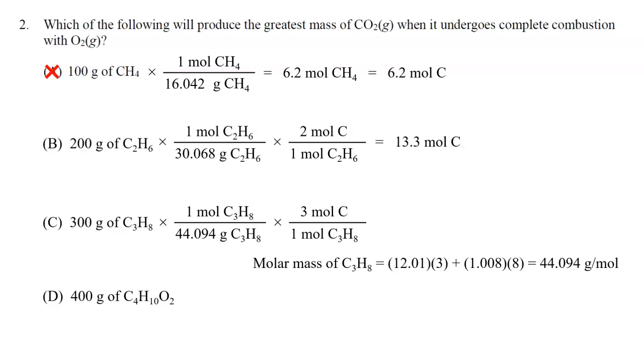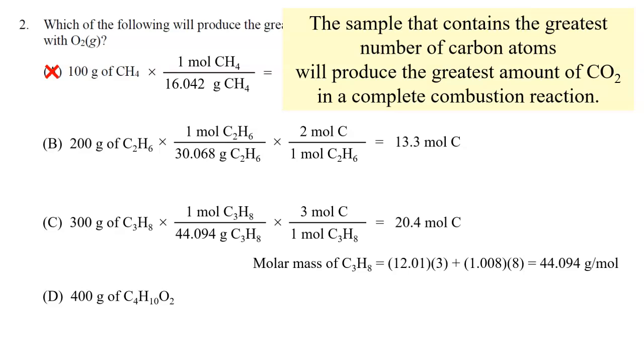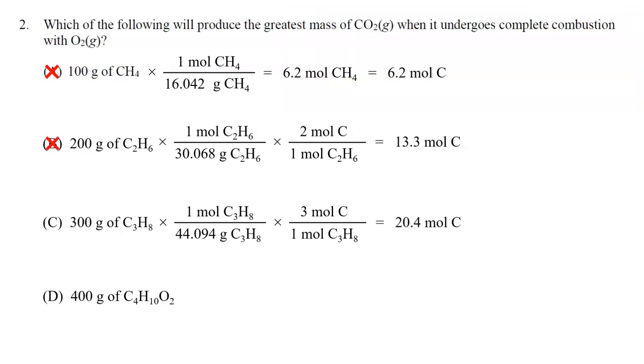When I pick up my calculator and do 300 divided by 44.094 times 3, I get a value of approximately 20.4 moles of carbon. Again, the sample that contains the greatest number of carbon atoms will produce the greatest amount of CO2 in a complete combustion reaction. Since 20.4 is greater than 13.3, I can eliminate choice B.